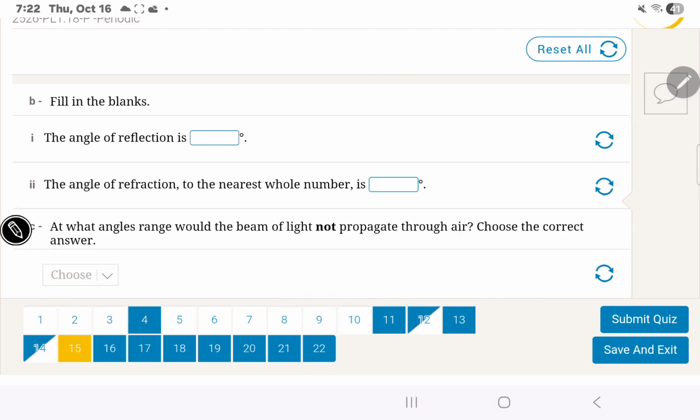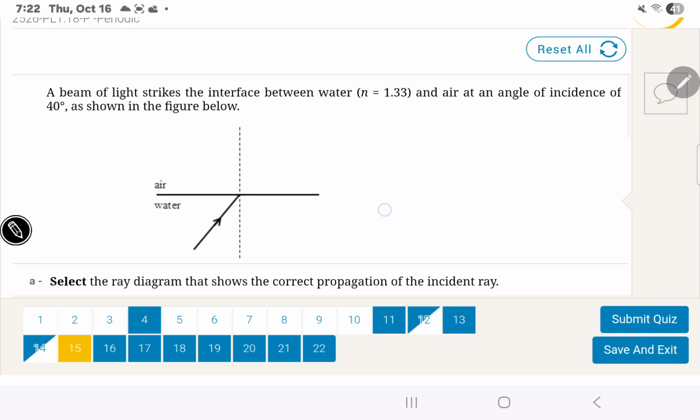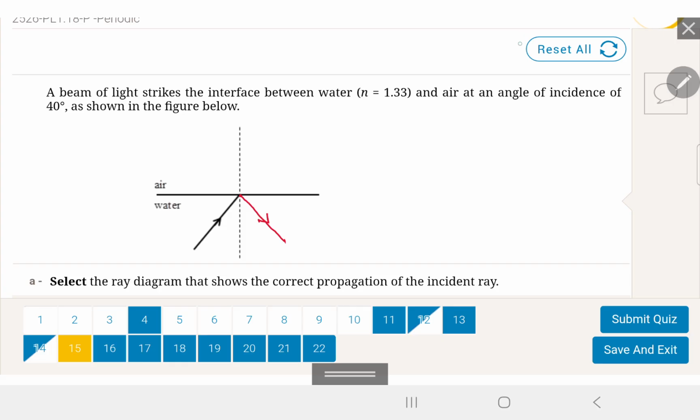Next question. At what angle range would the beam of light not propagate through air? Choose the correct answer. Not propagating through air means it will do total internal reflection, like this. And this happens only when the angle of incidence is greater than the critical angle.